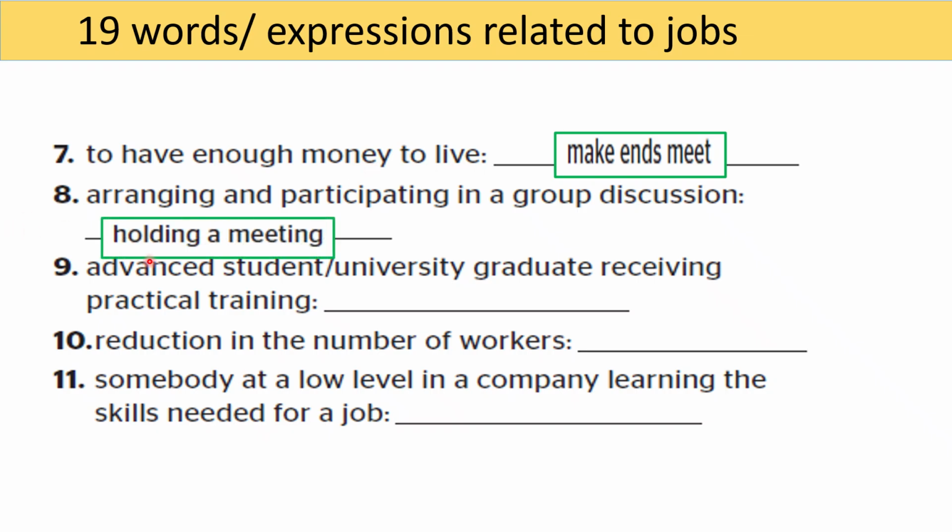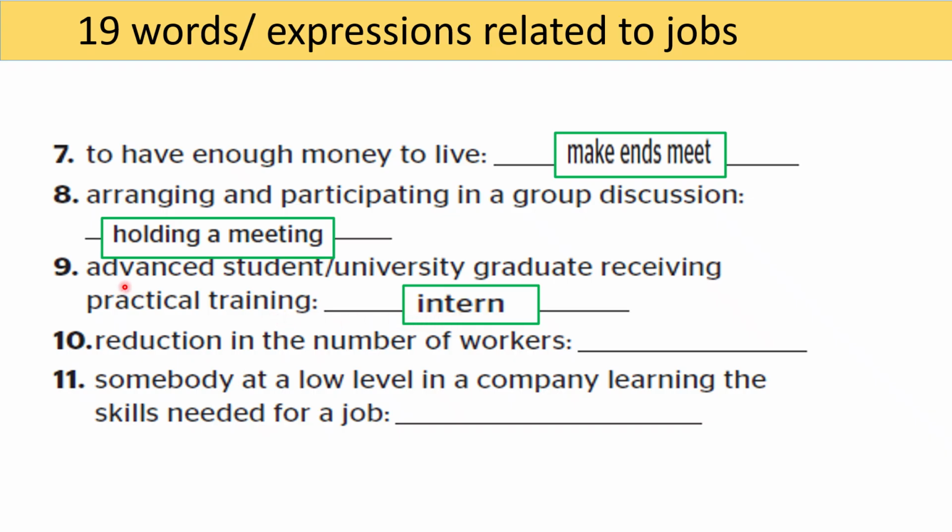Then the expression hold a meeting, meaning arranging and participating in a group discussion. After that, an intern. Okay, focus very carefully here because some students still don't know the difference between intern and trainee, which we are going to see later.